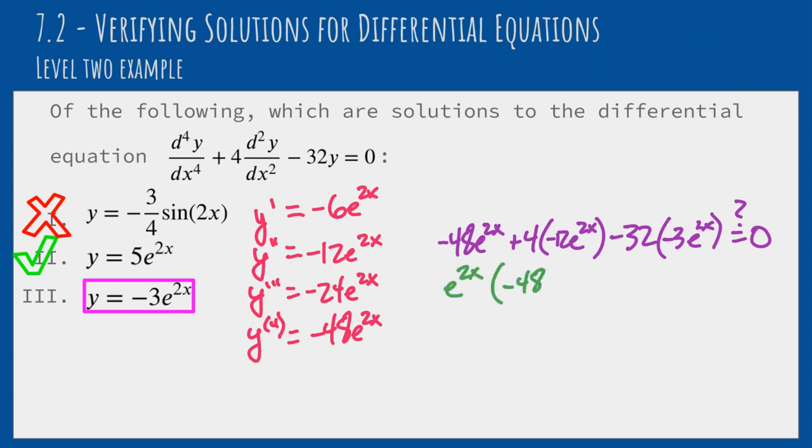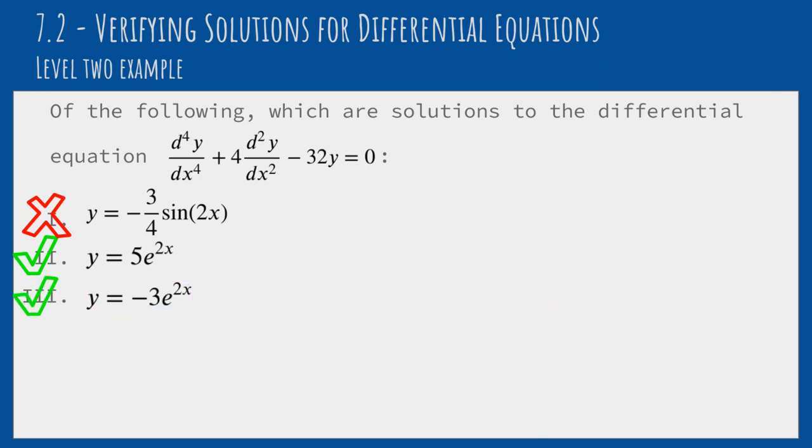So negative 48 in the first term, negative 48 in the second term, negative 32 times negative 3 is positive 96 in the third term. So we want to know if that's equal to 0. And indeed, negative 48 minus 48 plus 96 is 0. So we get 0 equals 0. And we have confirmed that the third option is also a solution to this differential equation.